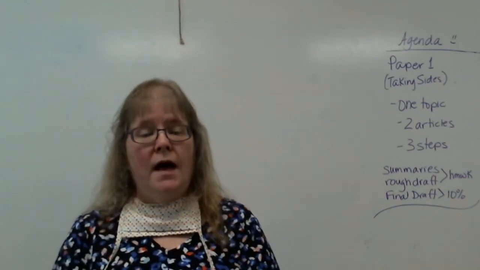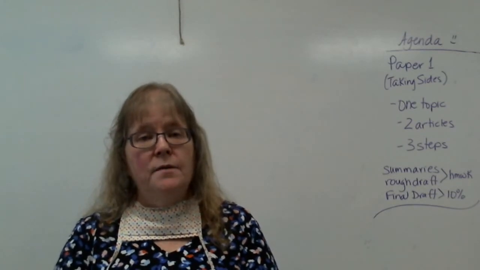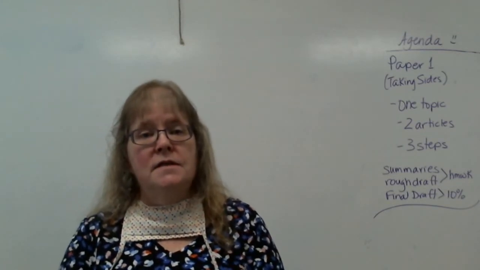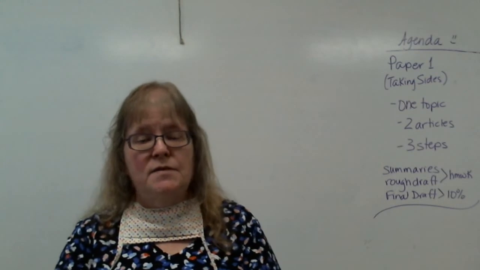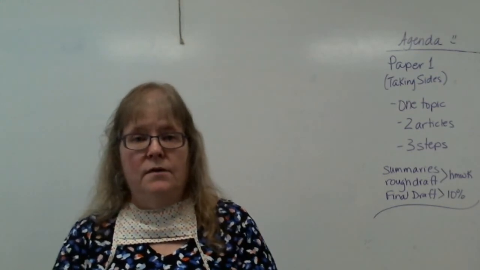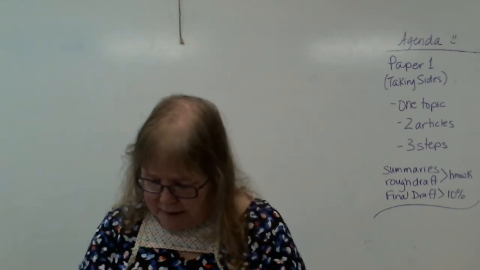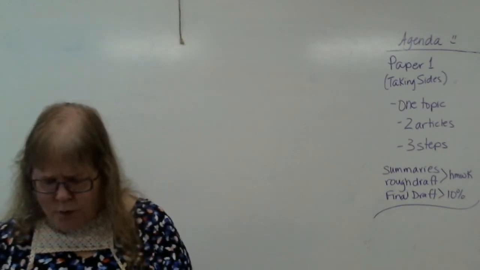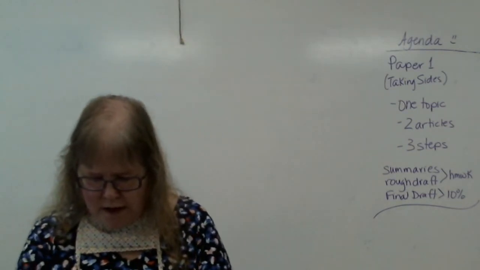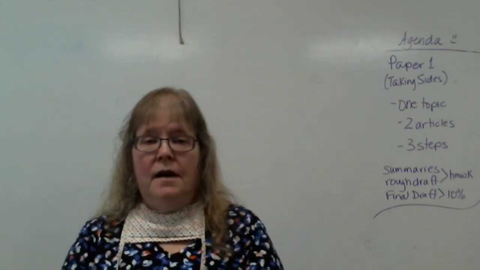So your job is to evaluate both articles based on their use of evidence and experts and tone and all that kind of stuff. Okay? And so I have a writing grading rubric under the writing helps section.